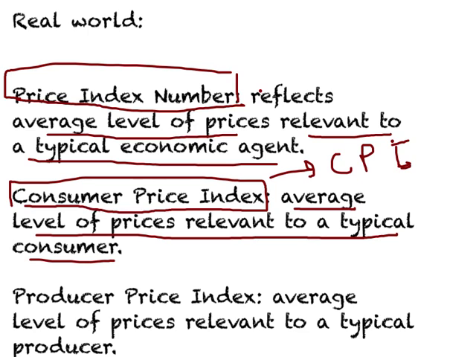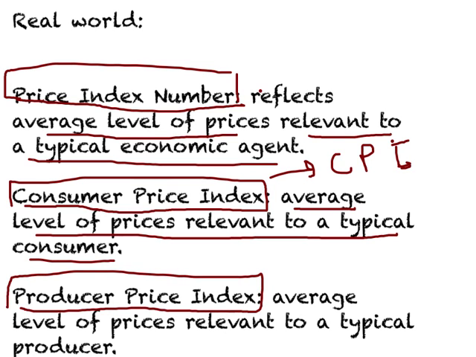And then they find out the prices of each of these items, and they weight them, and then they figure out an average level of prices that is relevant to a typical consumer. Producer price index is another popular price index number, and what this reflects is the average level of prices relevant to a typical producer.